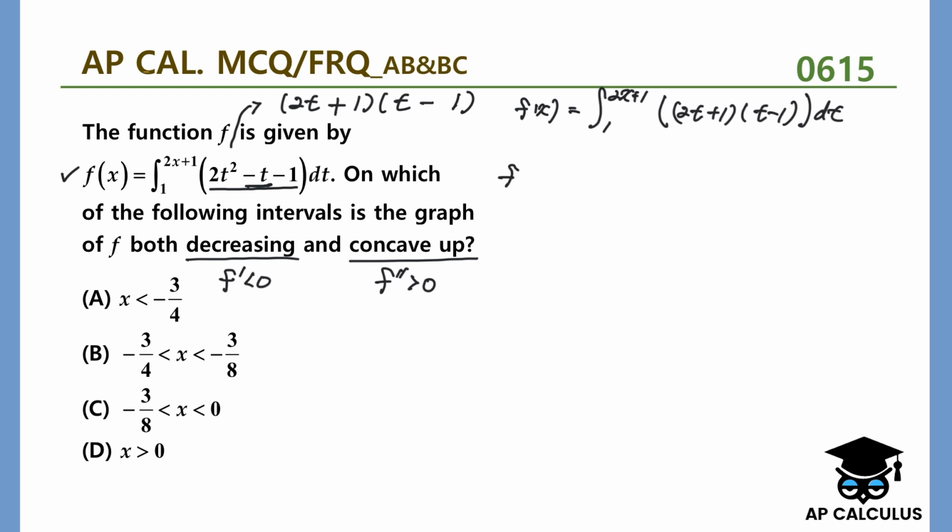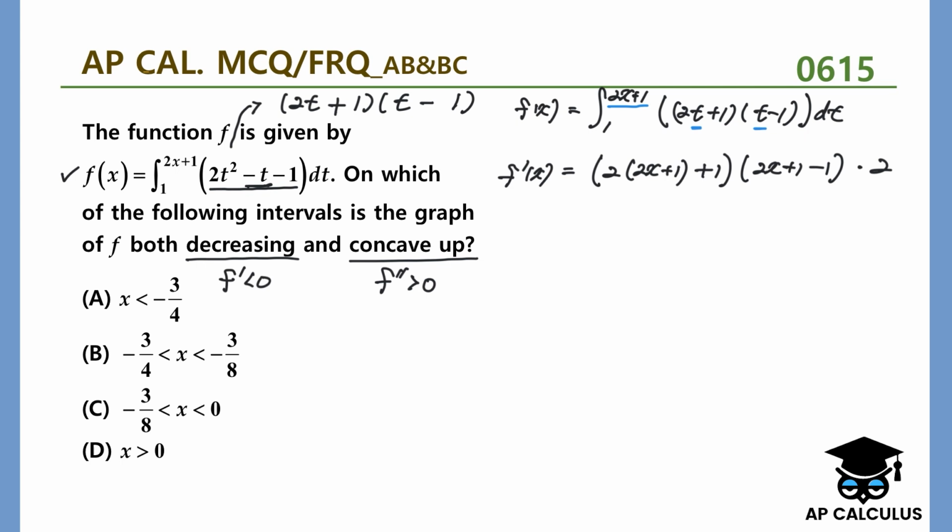Now f prime is equal to, we're going to have to substitute 2x plus 1 for t and multiply by the derivative of 2x plus 1, which is equal to 2, right? So we substitute 2x plus 1, and 2x plus 1 minus 1, times the derivative of 2x plus 1, which is 2.